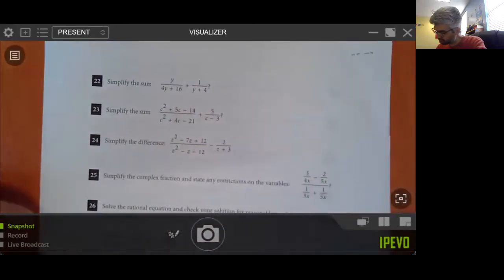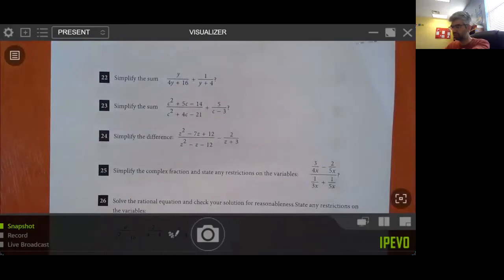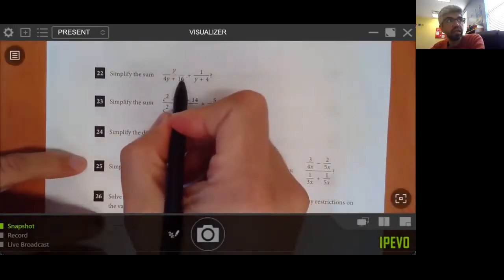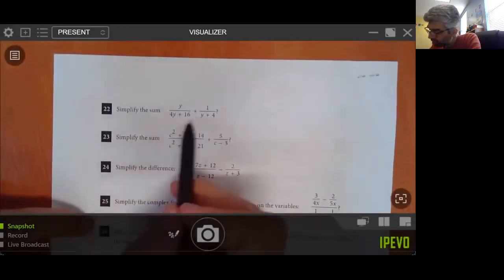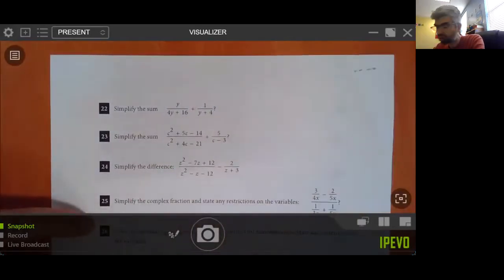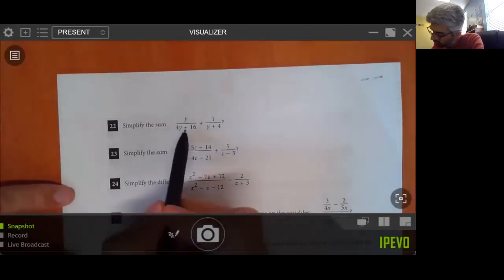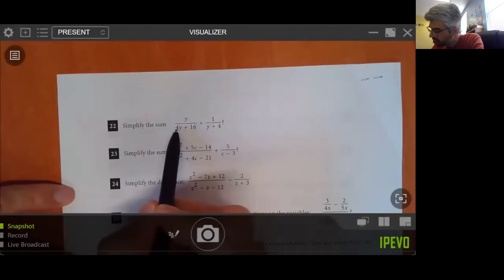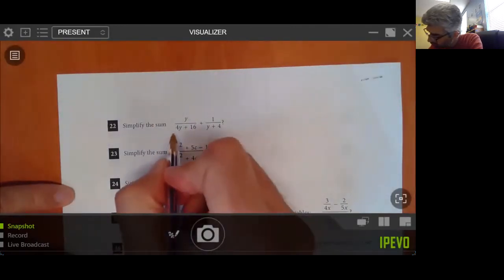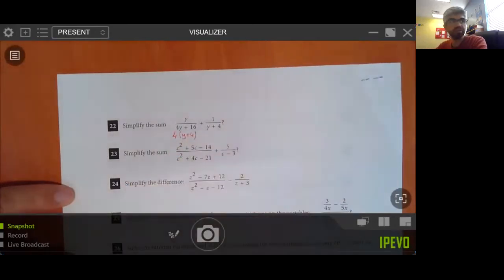Simplify, simplify, simplify, simplify. And here 5 questions, the equation questions. Here the sum, okay? So how do we work out the sum? We must have common factors in the denominator, right? So let me rewrite this with the factors. 4y plus 16, this actually can be written as 4 times y plus 4, okay?